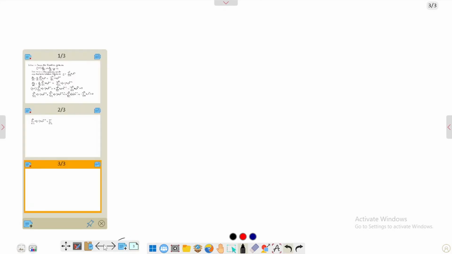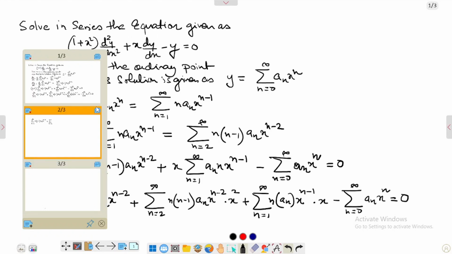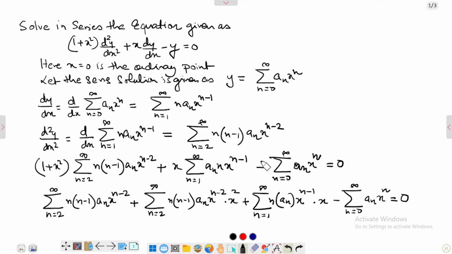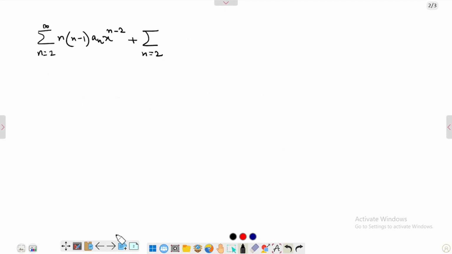First of all, it will be sum n equal to 2 till infinity n(n minus 1) a_n x^(n minus 2). My next term, as you have seen, has an x squared here, and with x to the power n minus 2, the 2 will go away, and I will get n(n minus 1) a_n x^n.